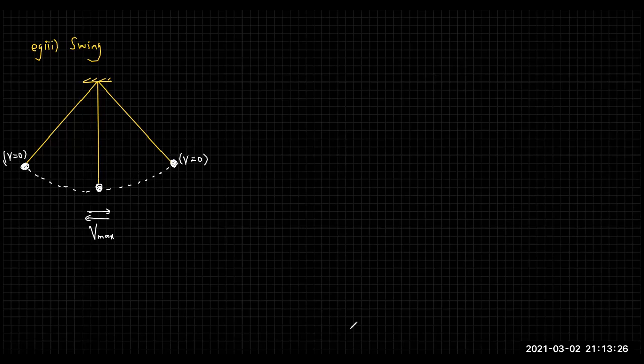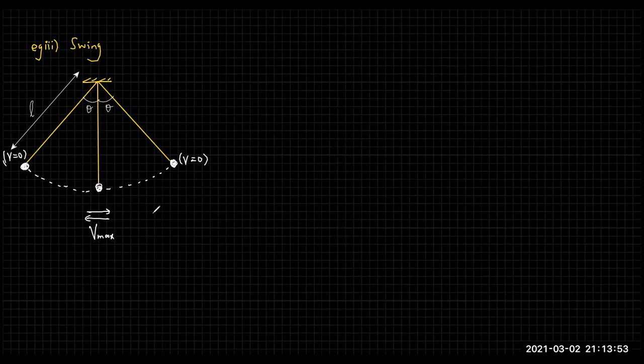Now, how many forces are acting? Let's take the length of the swing as L. Trying to apply an equation here. This angle we'll take as theta.